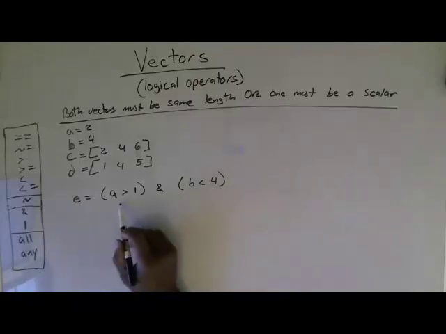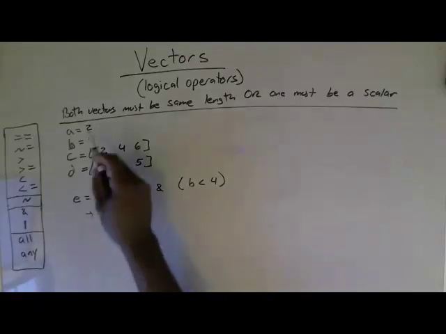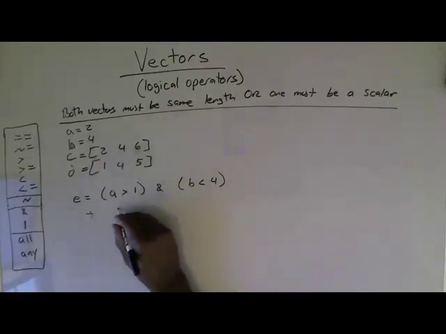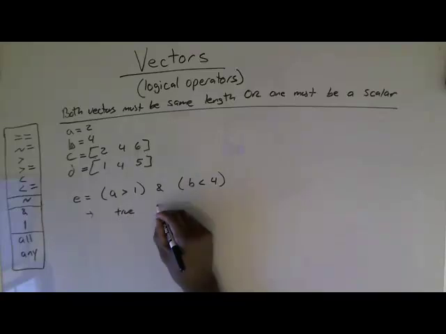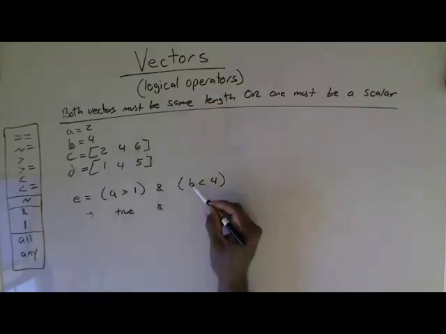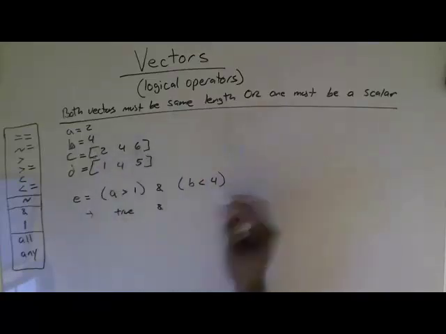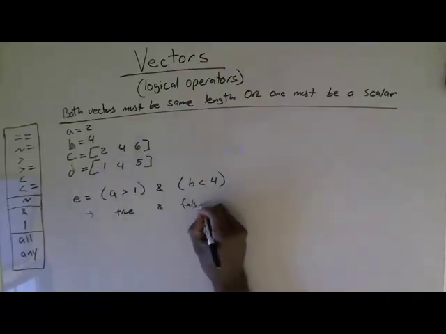Okay, so you have to take it one step at a time. A greater than 1 is 2 greater than 1. Yes, it is. So this part is true. And is B less than 4? Well, B is 4, so it's 4 less than 4. No, it's not. That's false, right?